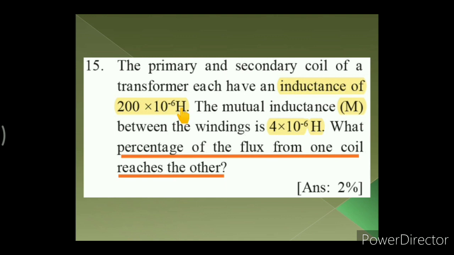And also it is given the mutual inductance M between the windings of these two coils is 4 into 10 raised to minus 6 Henry. And here we have to determine the percentage of the flux from one coil that reaches the other.